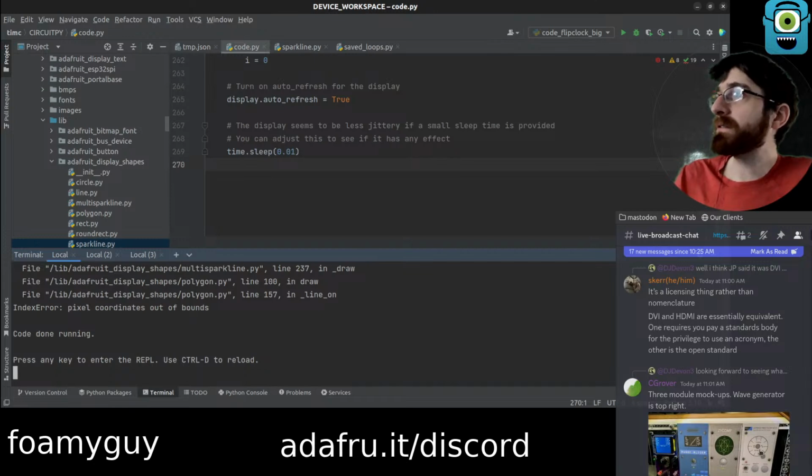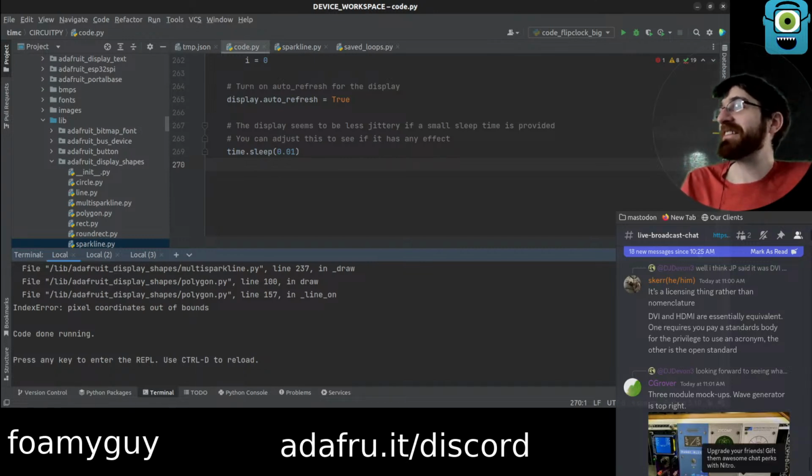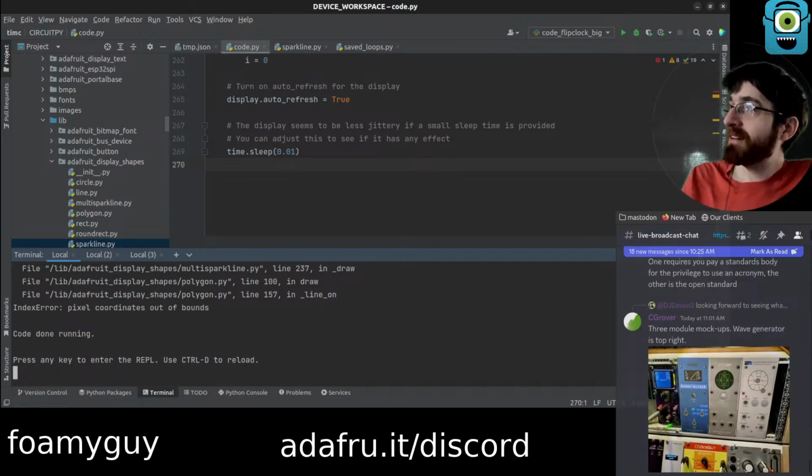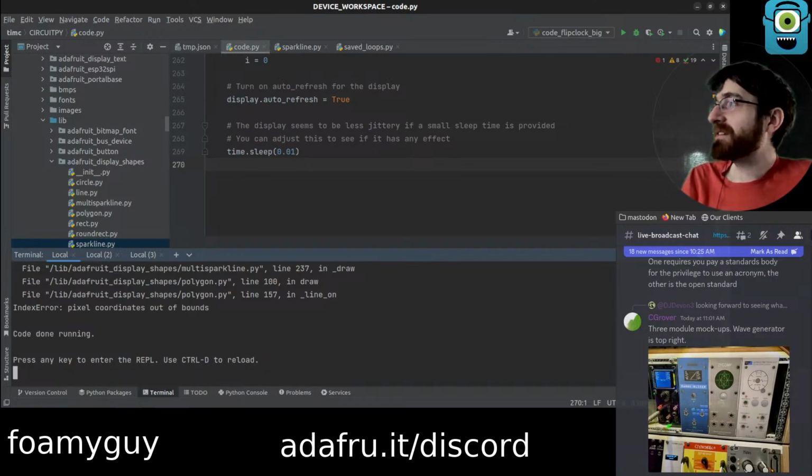DVI and HDMI are essentially equivalent. One requires you to pay a standards body for the privilege to use an acronym, and the other is an open standard. Nice. I am relatively anti-paying a licensing fee to use an acronym, so I guess I'm on Team DVI at this point then. I remember, is there an HDMI company?